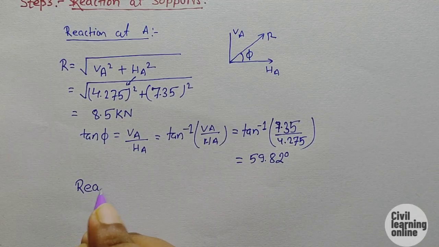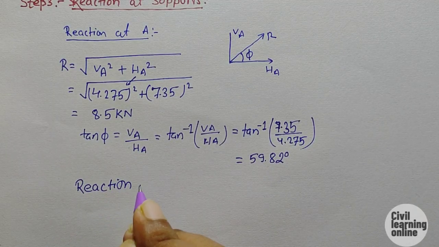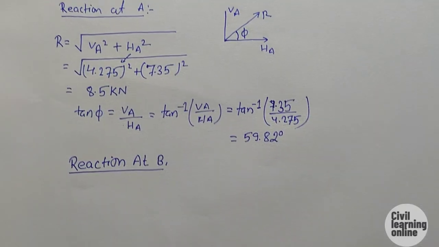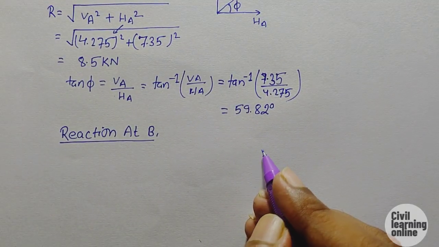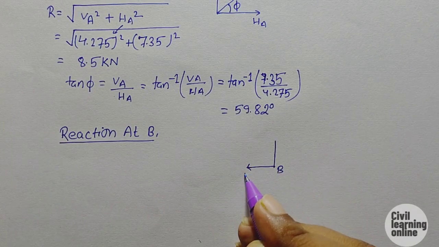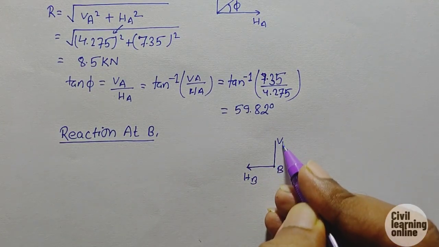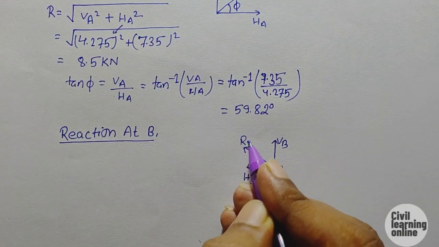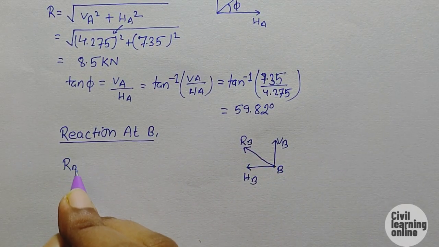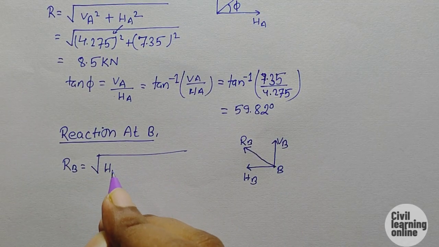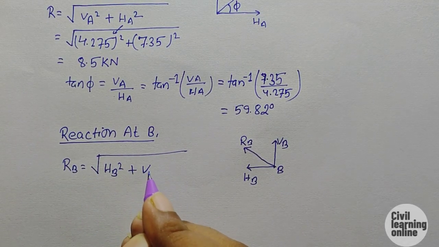Similarly, we need to do the same for the reaction at B. Let's write it down. Reaction at B. Again we will draw the same diagram here. This is our B, this is HB, VB, and the reaction at B, that is RB. So again we will use the same formula, RB equals root under HB square plus VB square.